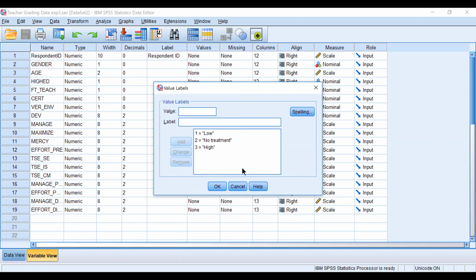Either the children to whom they were supposed to reference in their grading decisions were tagged as, the teachers were told that they were low achieving, that they weren't told anything about their achievement level, no treatment, or told that they were high achieving. So rather than two groups to contrast, you have low, a placebo, and high.